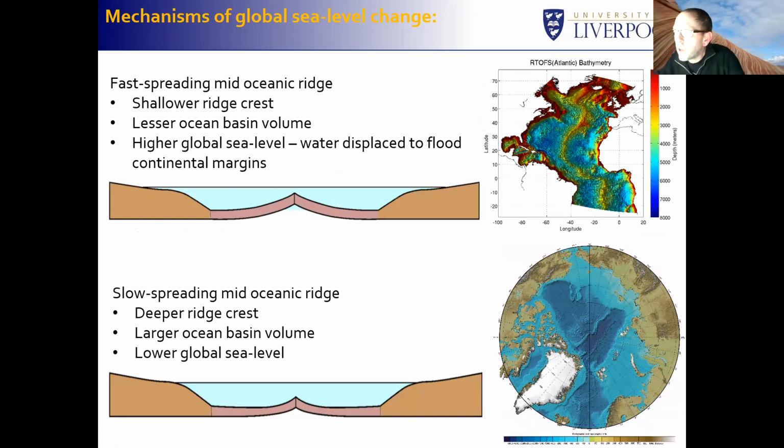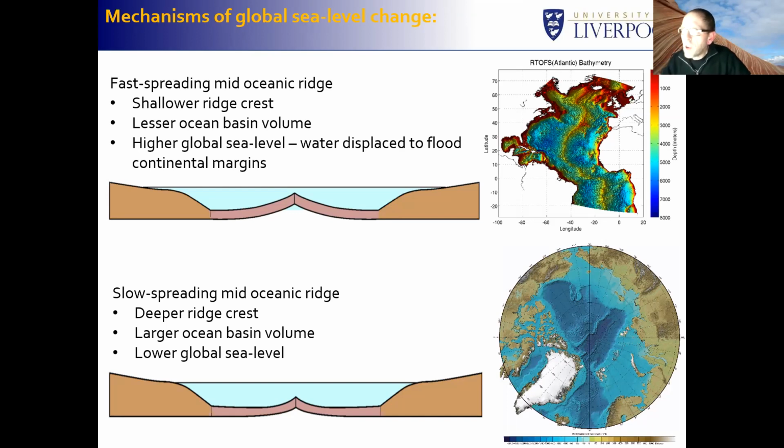So one of the key tectonic mechanisms that affects global sea level over long periods of time is the state of the spreading centers, or the ocean ridges that mark constructive plate margins.